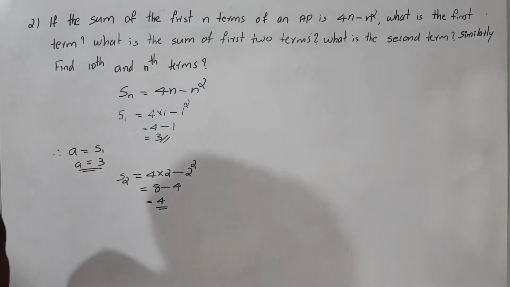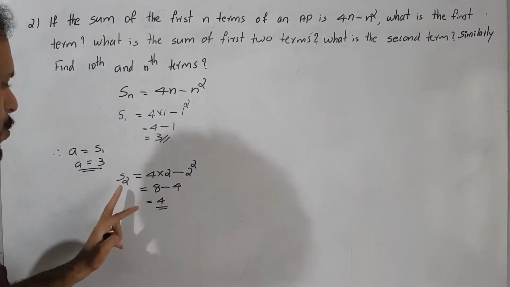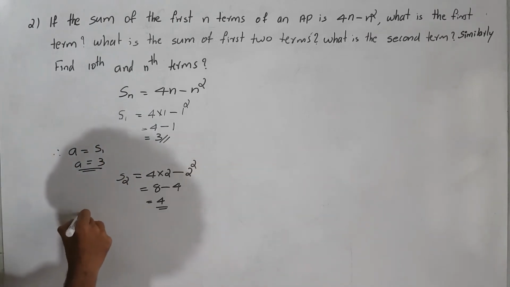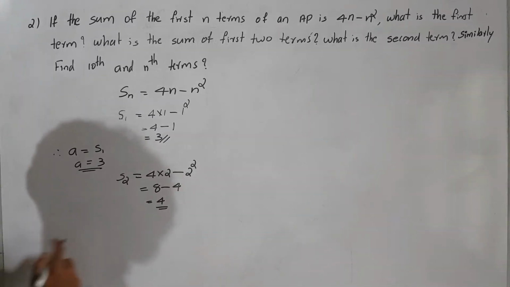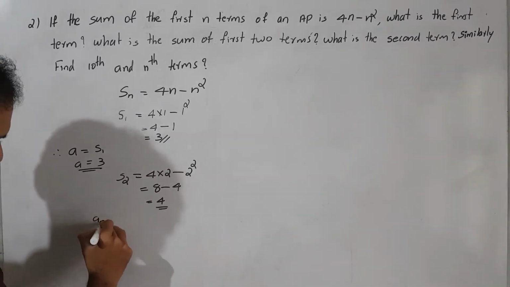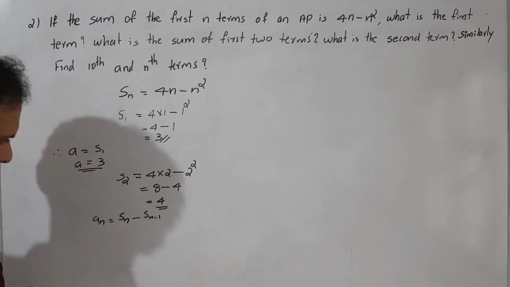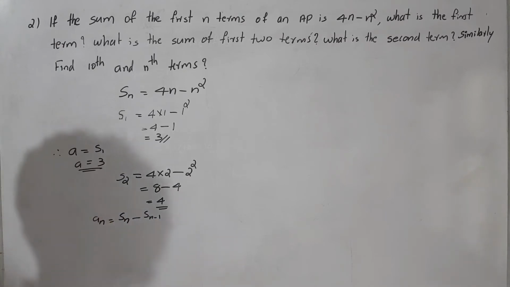Then how do we get A2? Thus A2 is S2 minus S1. Just writing the equation, An is equal to Sn minus Sn minus 1. From the sum of the nth term, we subtract the sum of the term just before it, to get an.